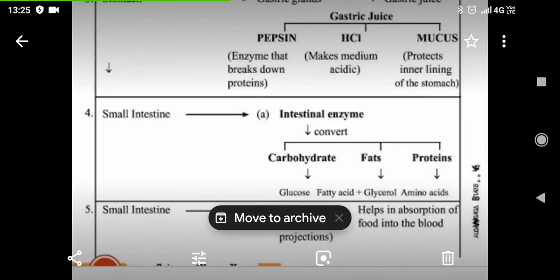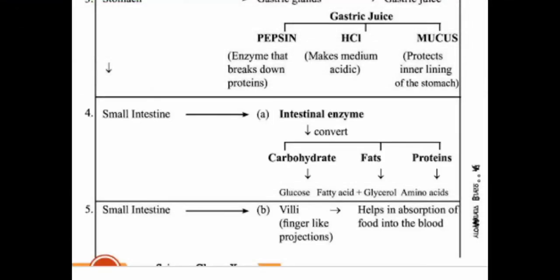The small intestine generates the intestinal enzyme, which will convert the carbohydrates into simpler substances, that is glucose. Fats will be converted into fatty acid and glycerol, and proteins will be converted into amino acids. This intestinal enzyme will check the type of the food.